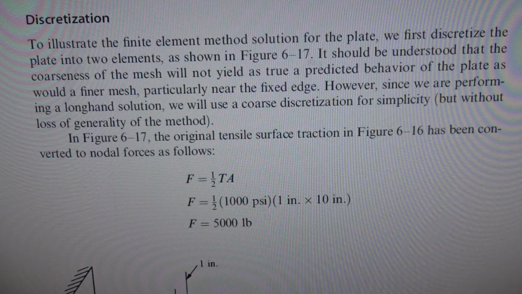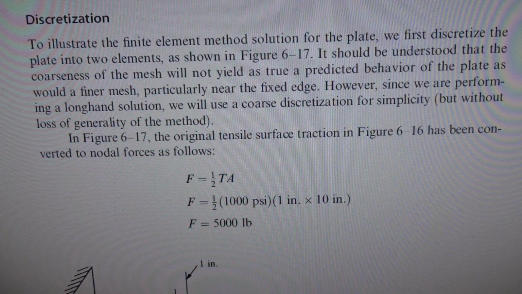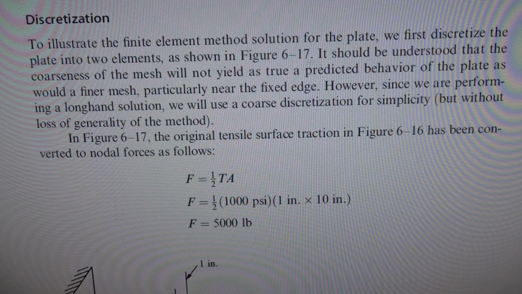Since there are two nodes, it is equally divided on each node. So total force is equal to traction into area, but when you divide by 2, you get the nodal force at this point, and similarly at this point. So 5000 lb acts at this node and 5000 lb acts at this node.